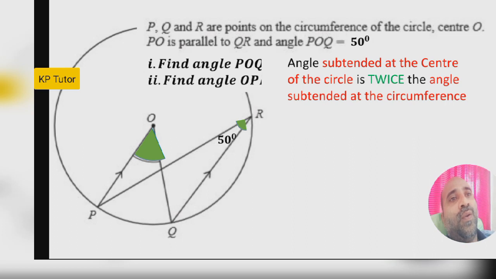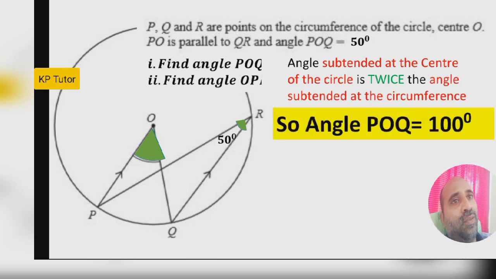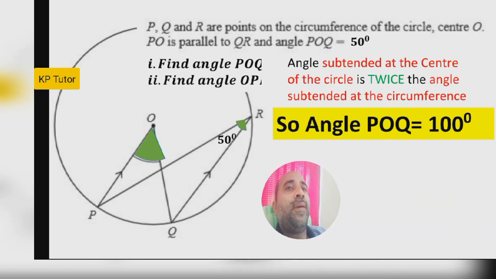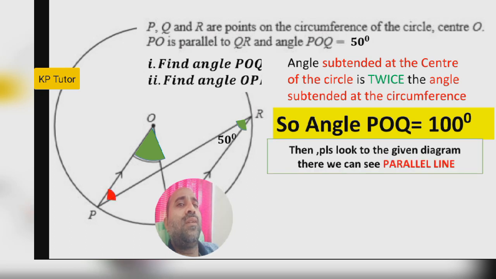So the angle at the circumference is 50. So how much will it come? Angle at the center, that means 100. So the first answer is POQ is equal to 100 degree. Next we have to find angle OPR. For that, let's go through the diagram.